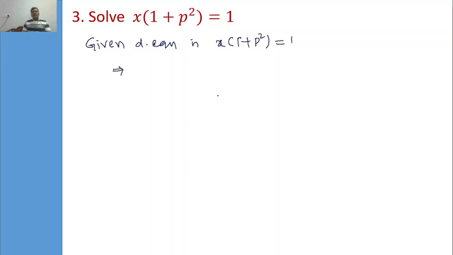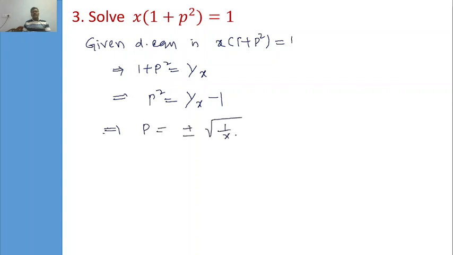Now we choose to solve for p. So 1 plus p square equal to 1 by x. P square equal to 1 by x minus 1. P equal to plus or minus square root of 1 by x minus 1. This is equation number 1.